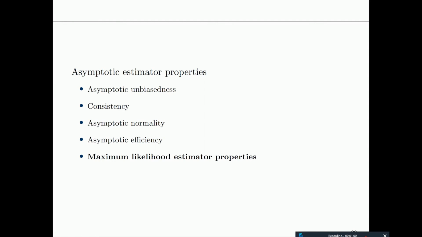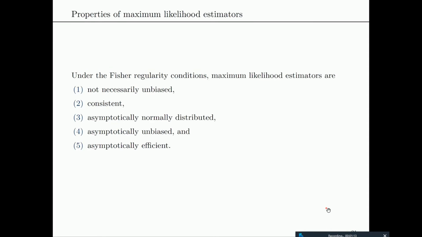So now, of course, the interest is how does the maximum likelihood estimator perform, and as I already previously announced, it performs very well. So this is the basic result, which is then looked at in detail in the remainder of the lecture. Under the Fisher regularity conditions, maximum likelihood estimators are not necessarily unbiased, we've seen that, but they are consistent, asymptotically normally distributed, asymptotically unbiased, and asymptotically efficient.